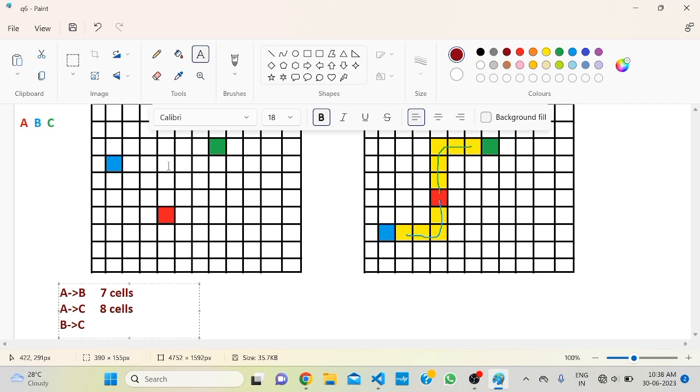1 2 3 4 5 6 7 8. Here also 8 cells are there, okay.